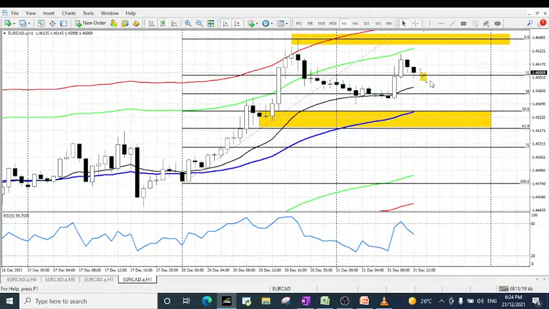A small candle like this, preferably showing wicks at the bottom. If you are hunting buys, it shows buying pressure. So these are the type of things you want to be seeing when you are hunting buys. Hopefully we come into this area, start seeing candles like this.